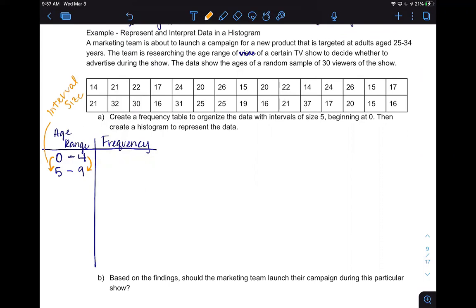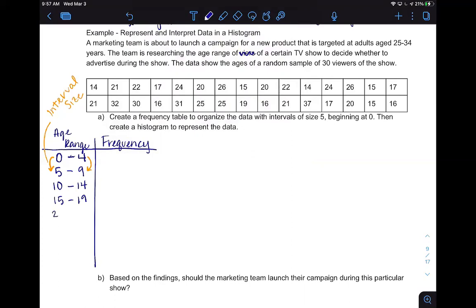Okay, so if we wanted to continue this, after 9 comes 10 to 14, and then we're going to have 15 to 19. And what do we need to go up to? What's our largest number in this data set? 37. 37. So we need to make sure we go past 37.